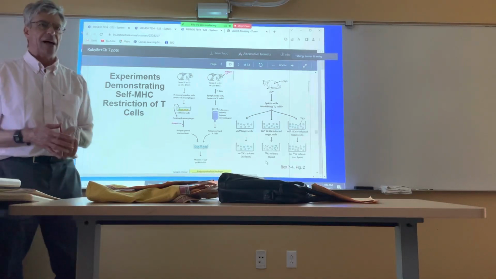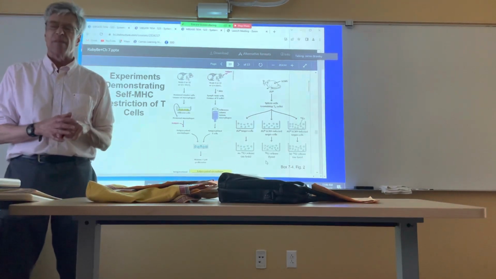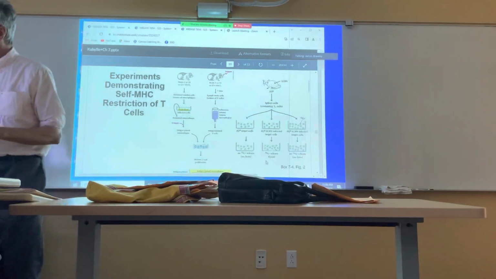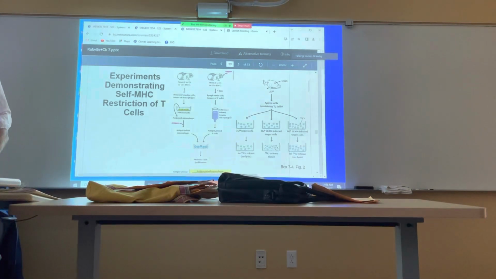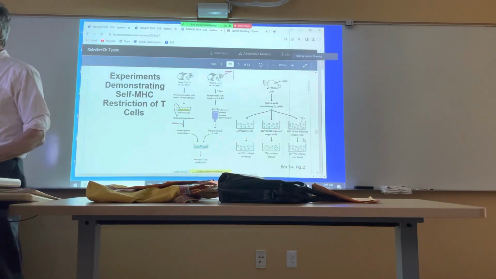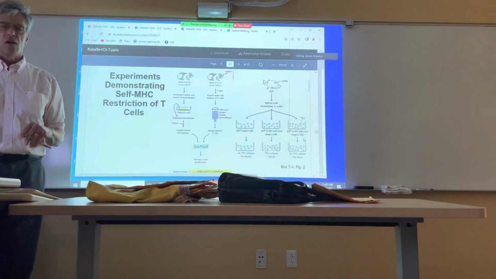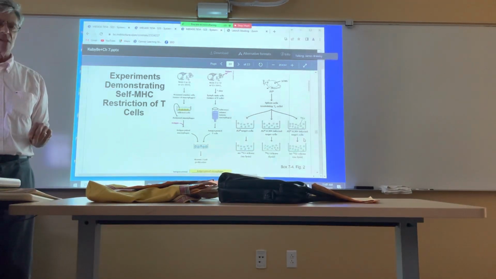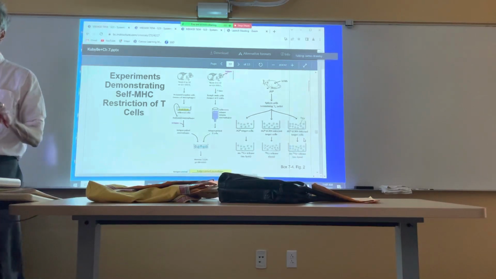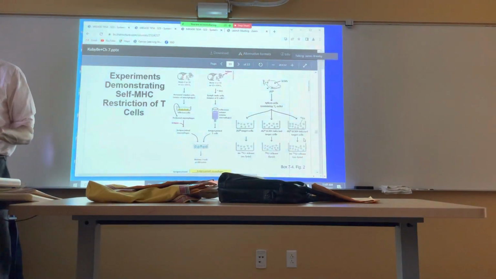Well, not a surprise, I guess, especially given what we know now. But the key experiment that maybe they had some inkling from the guinea pig experiment, but here on the far right, when the target cells were infected with the virus, the LCMV, but they were of a different haplotype. Okay.